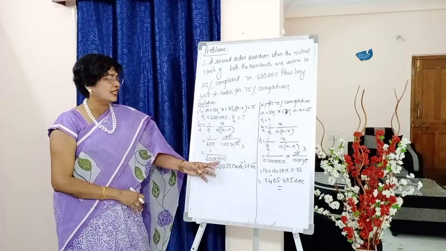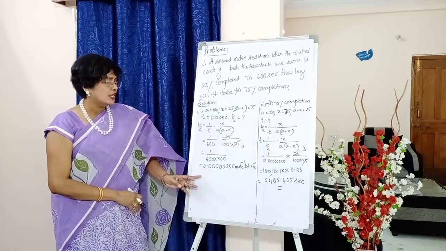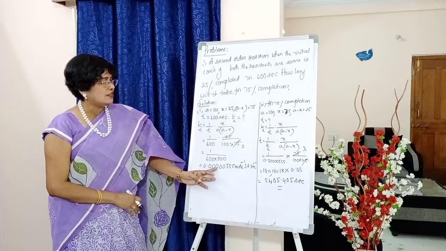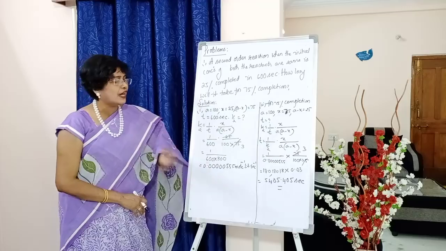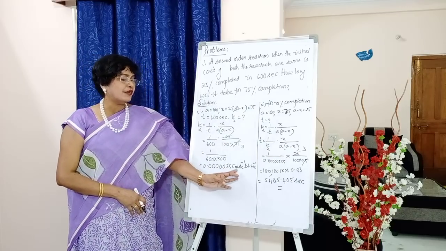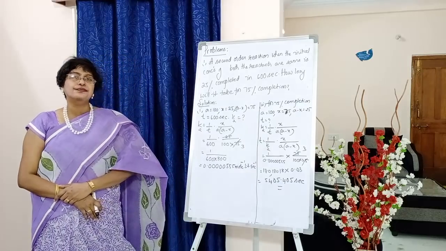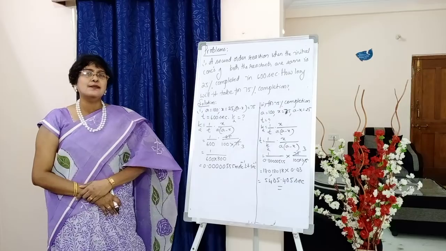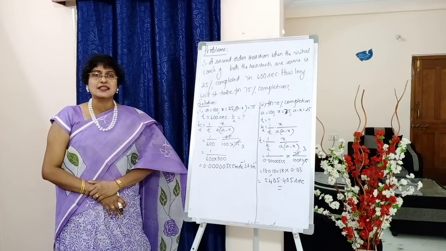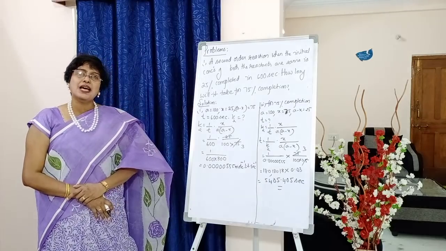If you divide this, we get this value 0.00000055 moles inverse liters second inverse. Students, don't forget to mention the units of K2. If you don't write the unit, you will lose half mark. Okay, this is part 1.